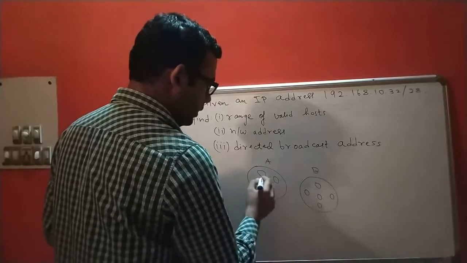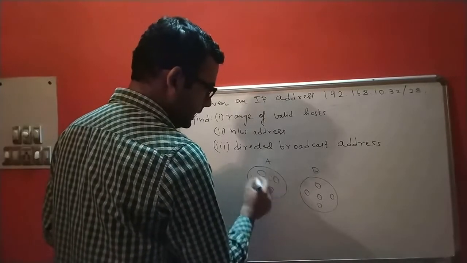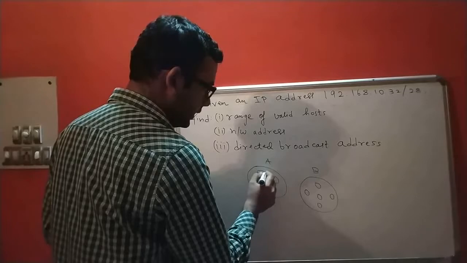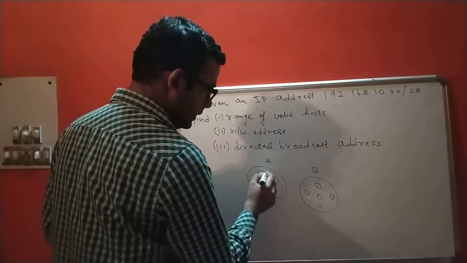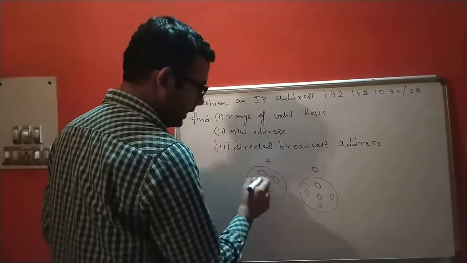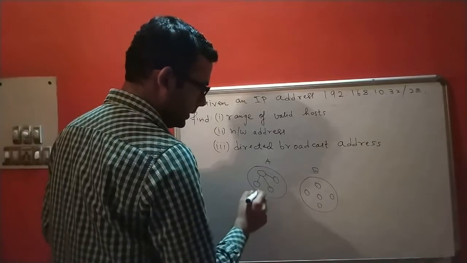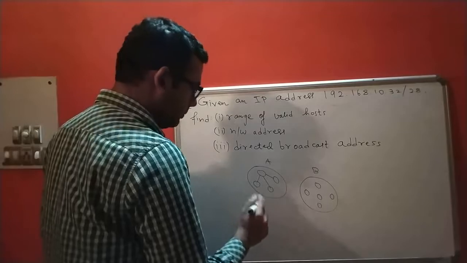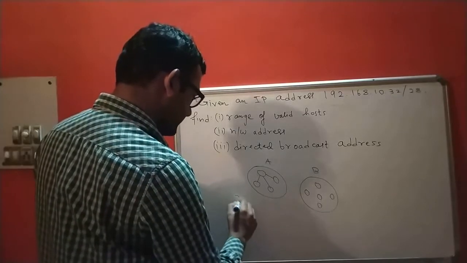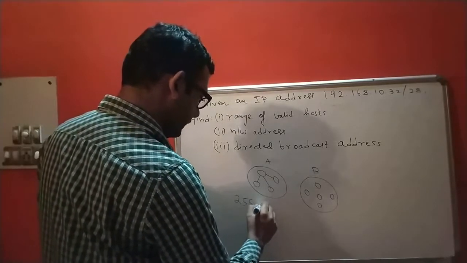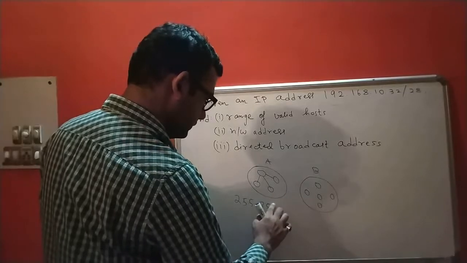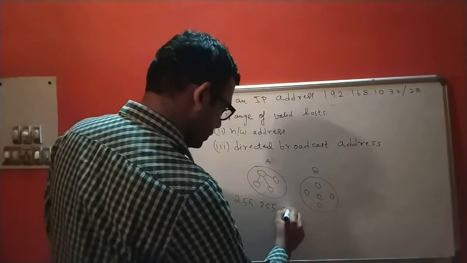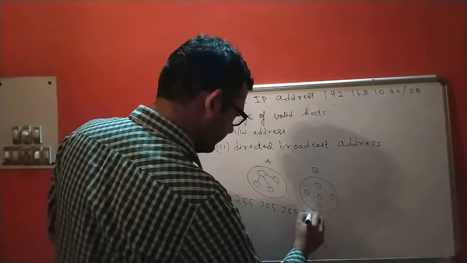If a host present in network A, let's say this host, wants to transmit a single packet, the same packet, to all hosts in the same network, then what it will do is, in the destination address part, it will place this address: 255.255.255.255.